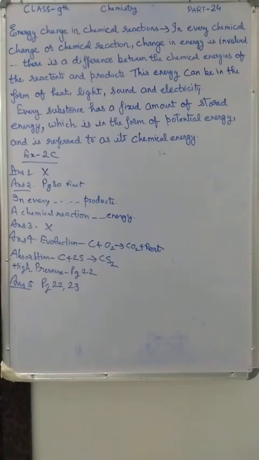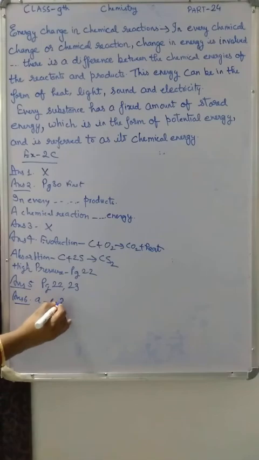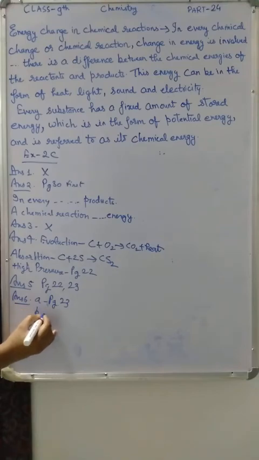Now answer number 6. Give an example of each of the following chemical changes. Part A you will get in page number 23. B you will get in page number 23.